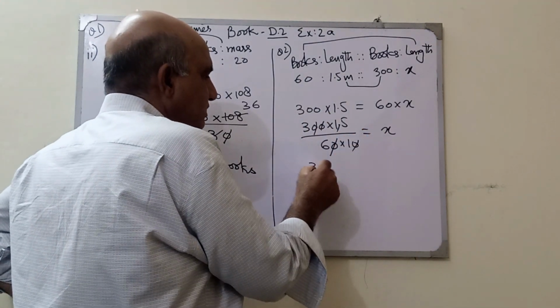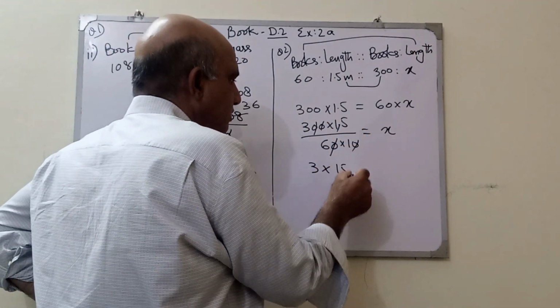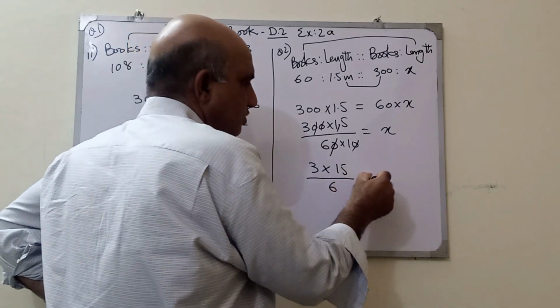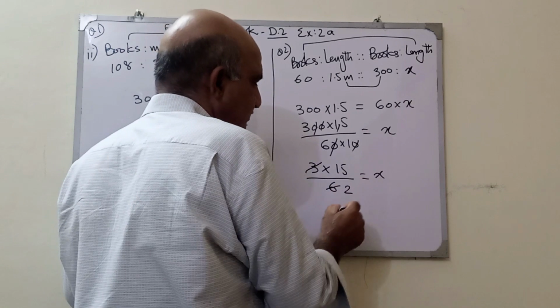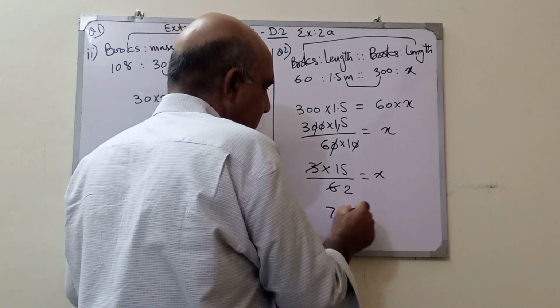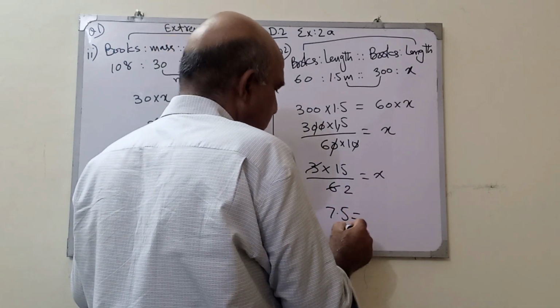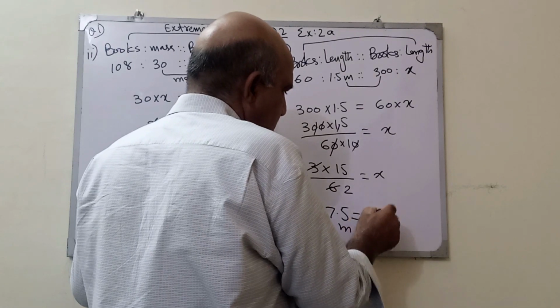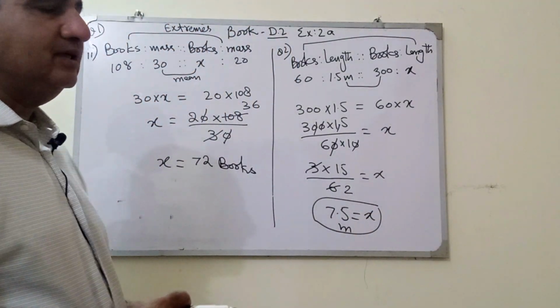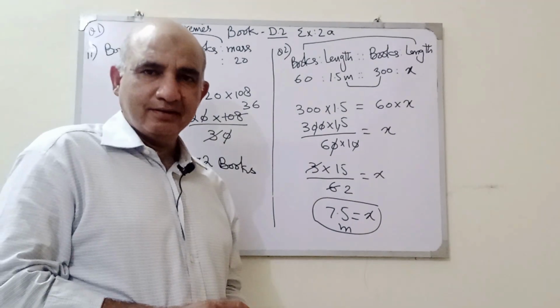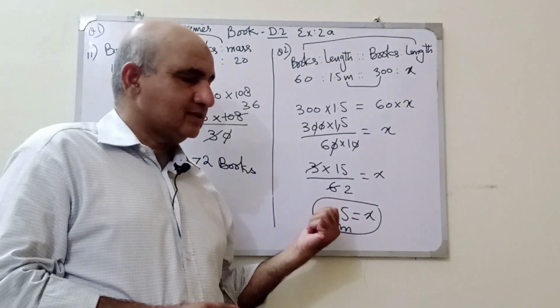So we have 3 into 15 over 6 is equal to X. 3 2s are 6. 15 over 2, we can say 7.5 meter is the length that 300 books need, right? So this is the first question.